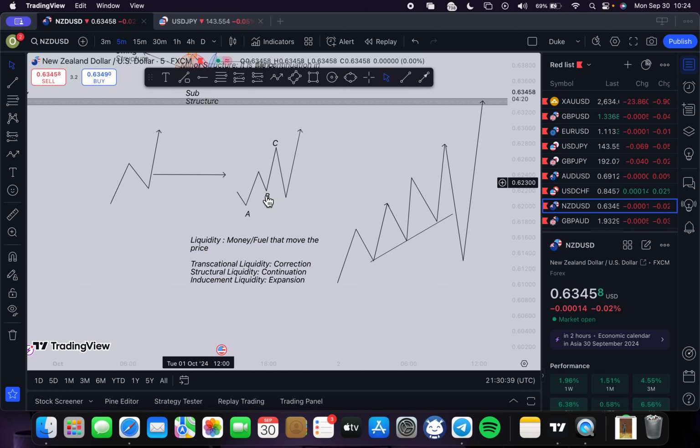Let's say this is the low. Before this main low, where is your structural liquidity? This is your structural liquidity. It always happens inside here.